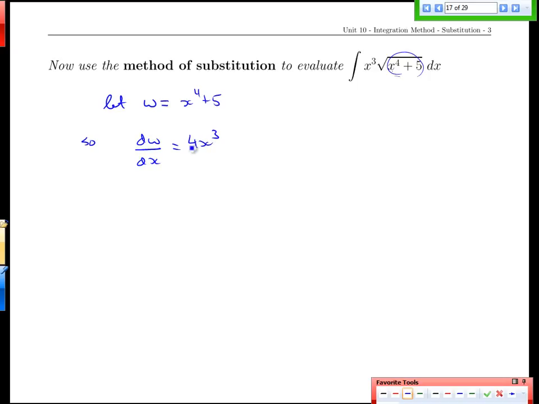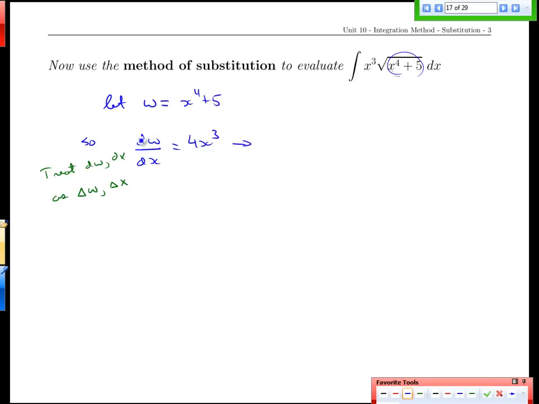The most straightforward way, I think, to do these is to break this into pieces. One little note here: dw, dx are units. Treat them as small units of w, small units of x. For those who have heard the term differentials used before, that's one way to think about this.